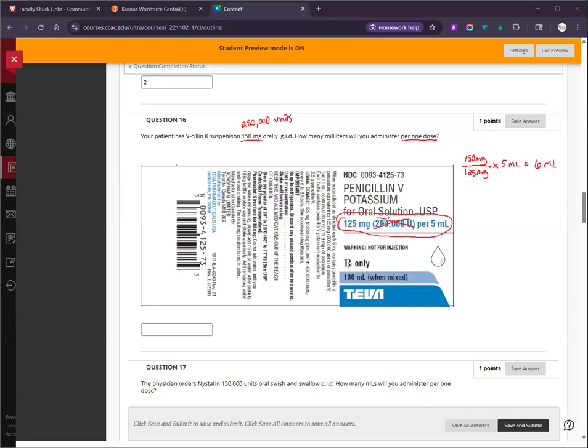Some of these medications will give you milligrams, micrograms, and sometimes it'll give you units and milligrams. Sometimes it'll give you units and micrograms. It really just depends on how the drug is kind of organized. So don't get distracted by that, but it's good that you see it.